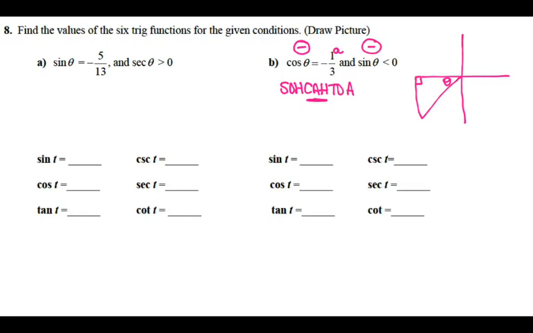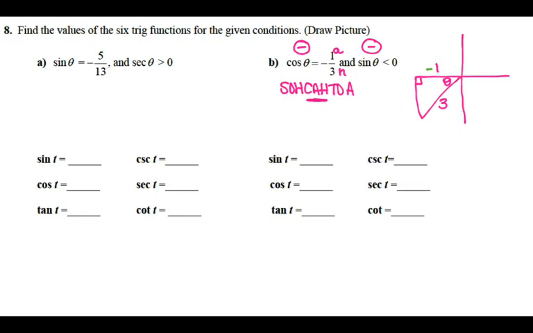So that means my adjacent side is 1 and my hypotenuse is 3. So 1 and 3. And because it is negative, that means one of those values is negative, and your hypotenuse can never be negative, so I'm going to go ahead and make that 1 negative. And it does make sense that the 1 is negative because I am in the third quadrant. And in my third quadrant, my x is negative, and so is my y.